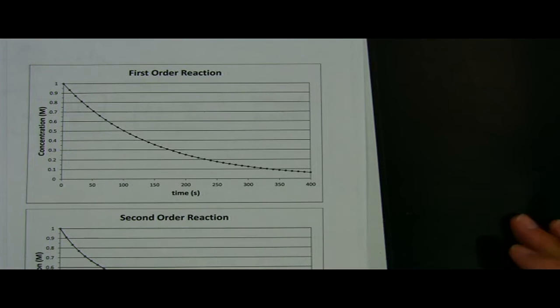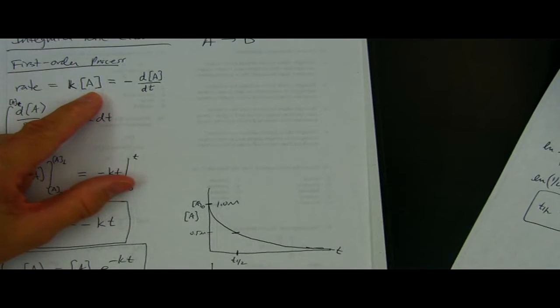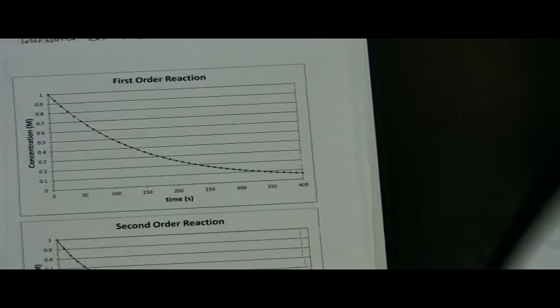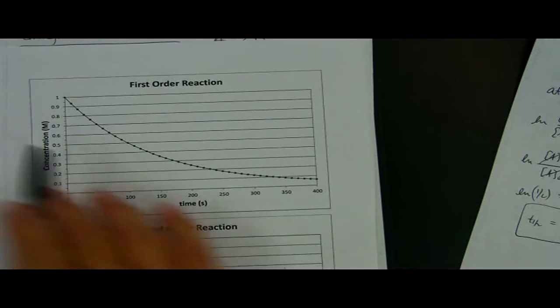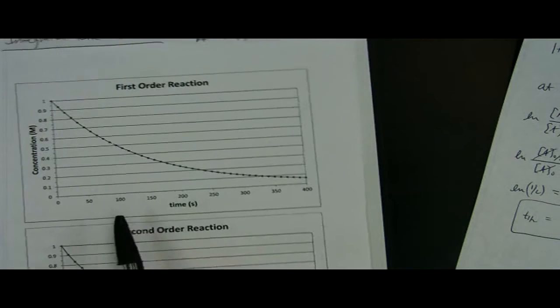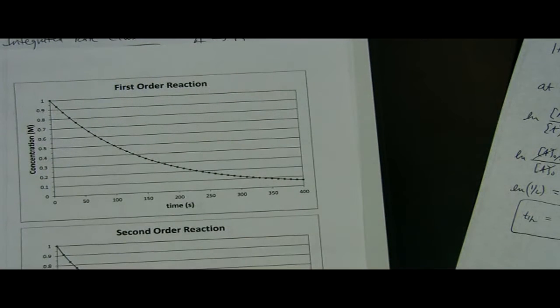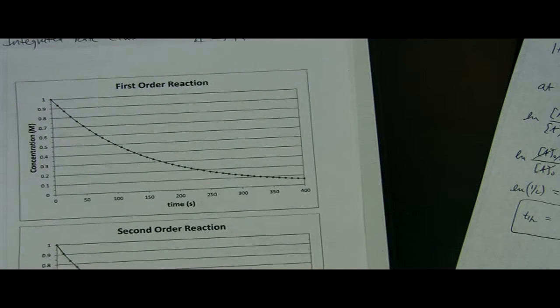What does it mean to be a first order reaction? It means that that has an exponent of 1. So if you have a rate that looks like that, then it will have a concentration profile that looks like that, an exponential. And you can tell what the half-life is right away, and you can determine what the rate constant for the reaction is, if you know it's first order.